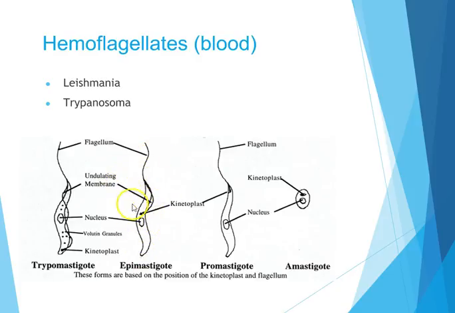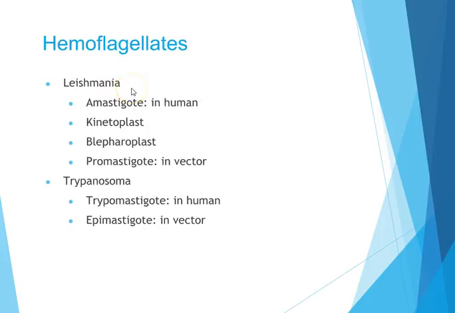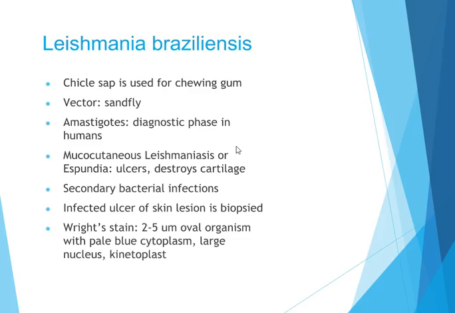They both have an undulating membrane, a nucleus, a kinetoplast. So you need to know these two are found in Trypanosoma, and the amastigote and promastigote are in Leishmania. And that's a little bit repetitive, but you can look at that.